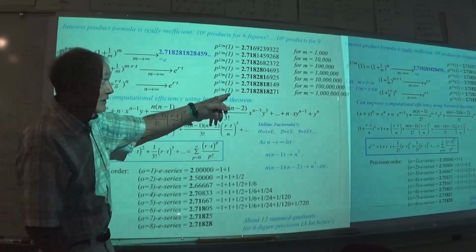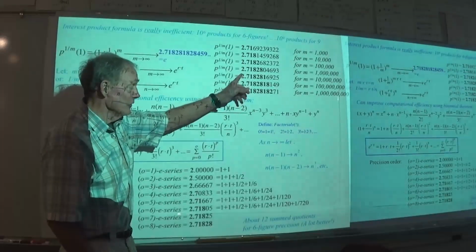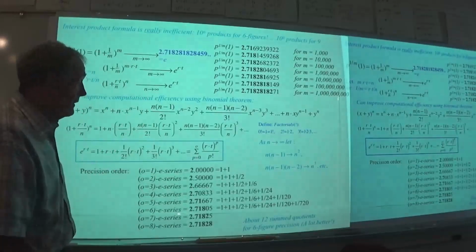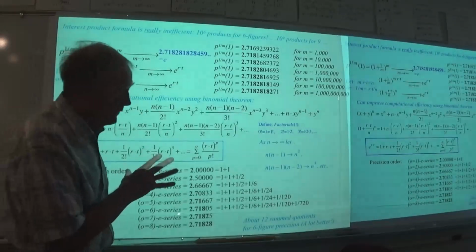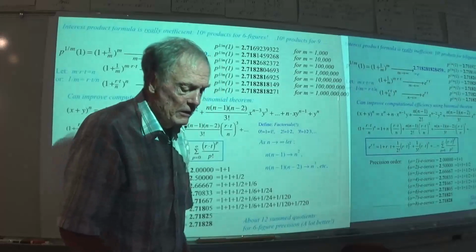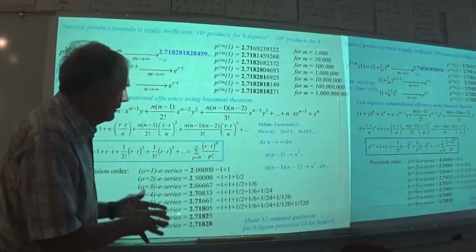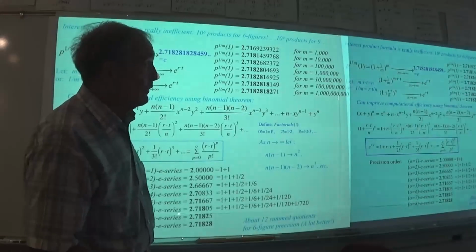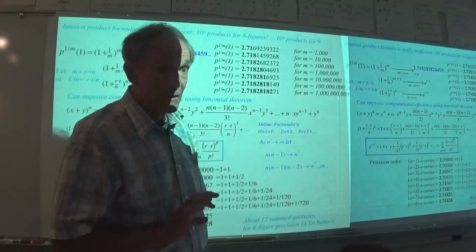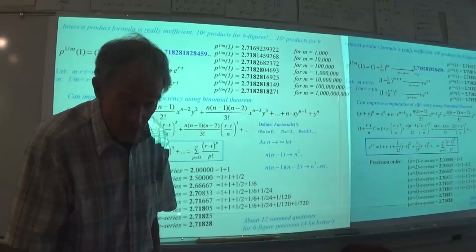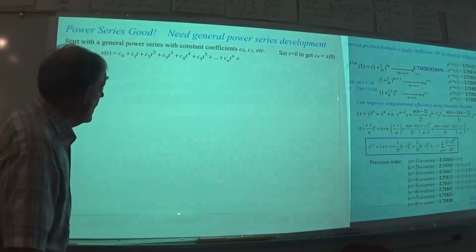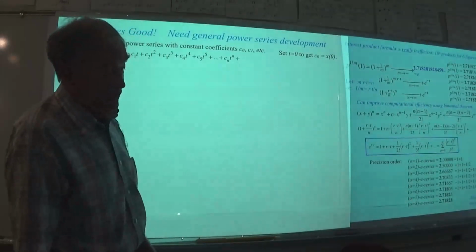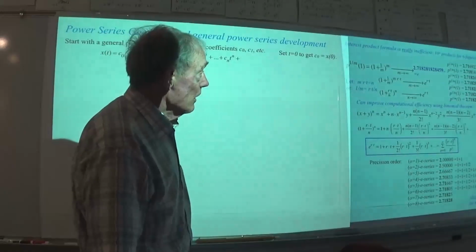Nowhere near a billion calculations or a million calculations that are needed for that. So this is an interesting thing to recognize as we go through 2 different ways of producing this magic number e. Okay, now let's look at pure power series in general.